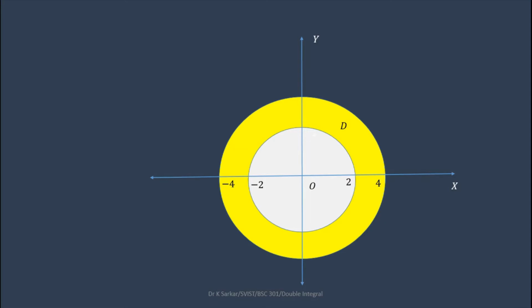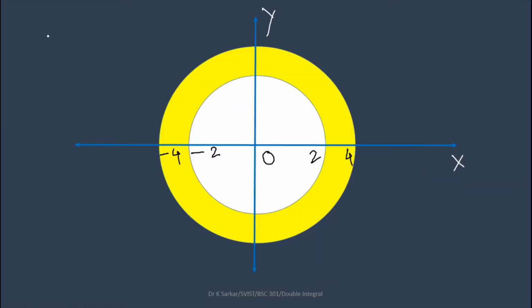Now, if you would like to find the area in between these two circles, then you have to find the area of this yellow part. Some of you tried this way, minus 4 to 4, minus 2 to 2, 1 by x square plus y square dx dy, which is totally wrong.